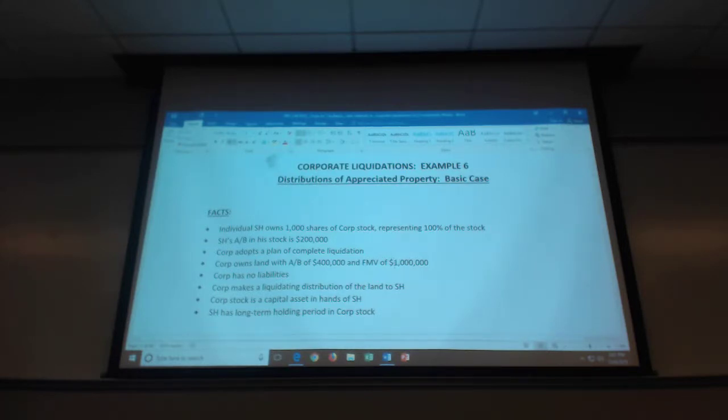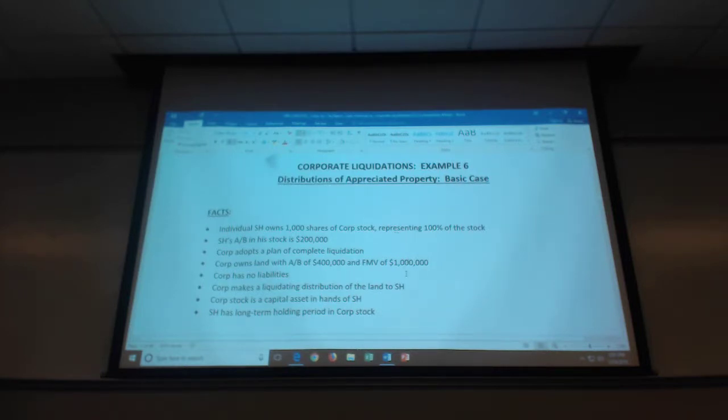So, facts: a shareholder owns 100% of the stock, with a tax basis of $200,000, and the corporation adopts a plan of complete liquidation. We're assuming that the corporation has land with a basis of $400,000, fair market value of $1 million, no liabilities, and it distributes the land to the sole stockholder in liquidation.